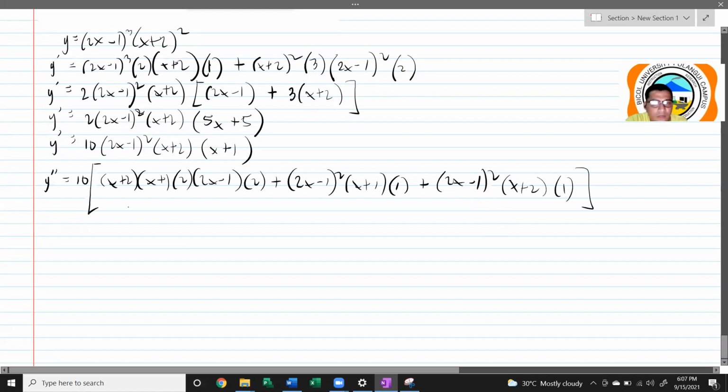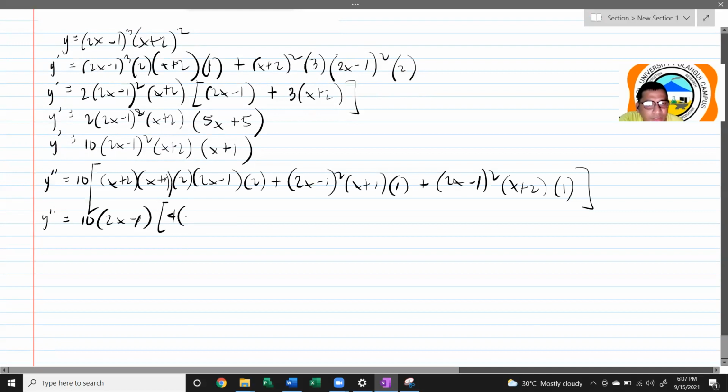Now let's factor out the common terms. What are the common ones here? We have (2x minus 1). Okay, that's all. So let's simplify. Let's distribute the terms. Here we have 4, and here, this is what's left: (x plus 1).